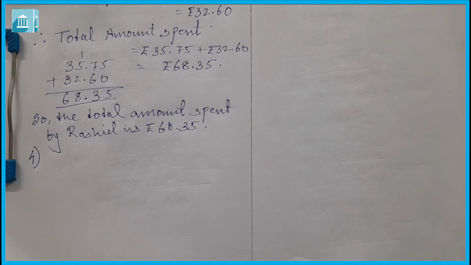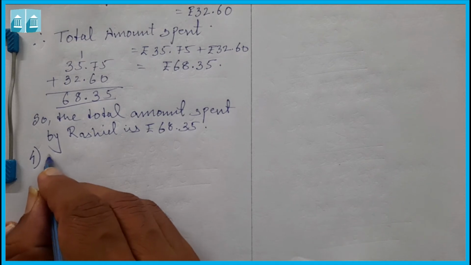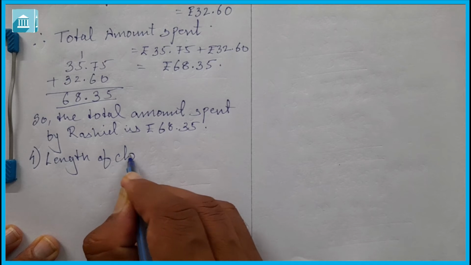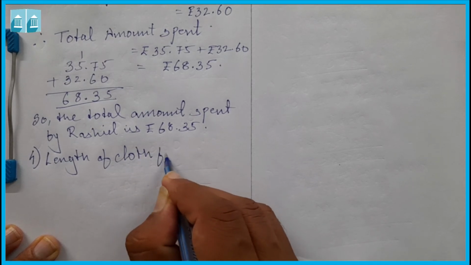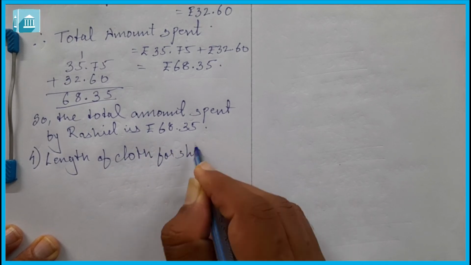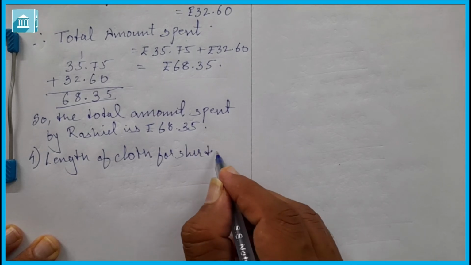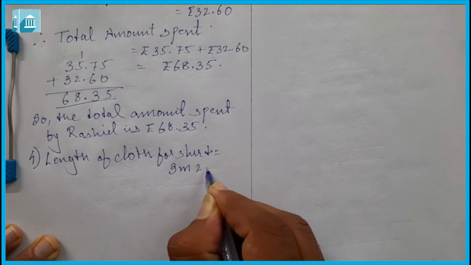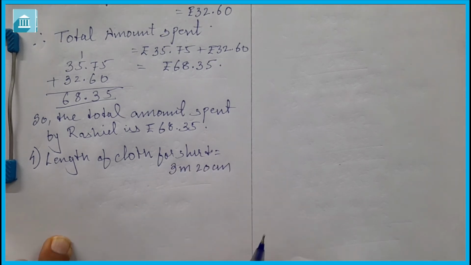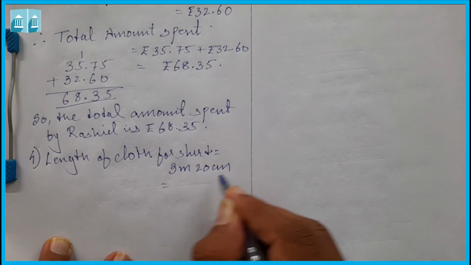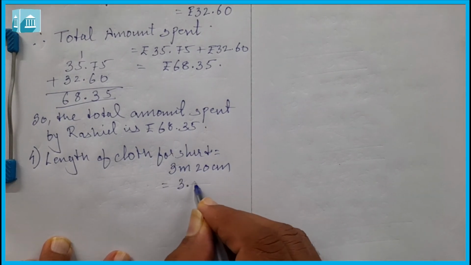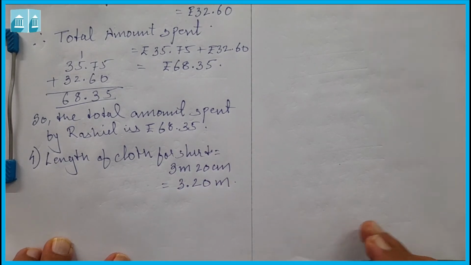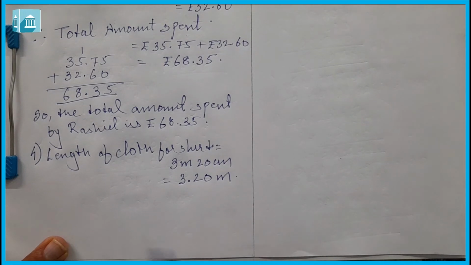So first we will see length of cloth for shirt. It is given here, it is 3 meter 20 centimeter. Here it is given in 3 meter and 20 centimeter. So we need to convert it into meter. When we convert it, it will be 3.20 meter.